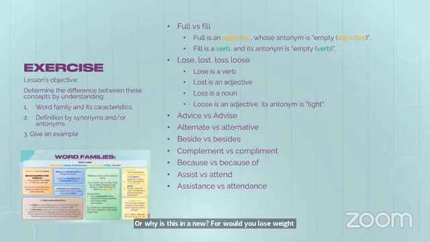And loss is the most difficult one. Who is familiar with loss? Who can tell me an example with loss? That's a difficult one.